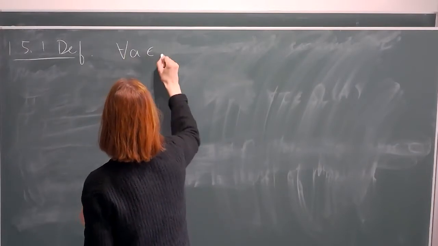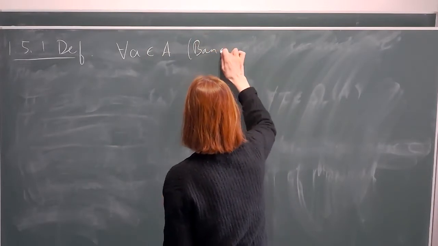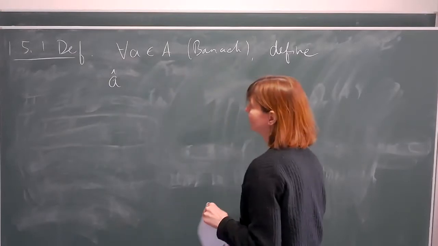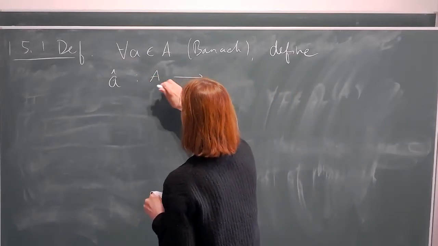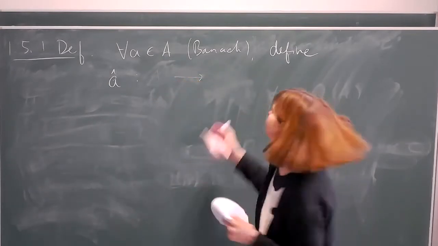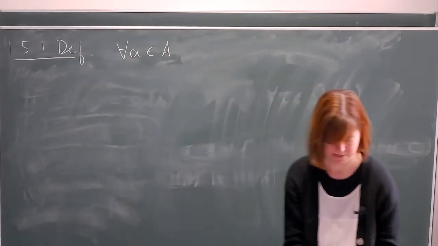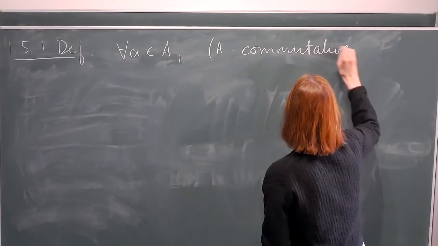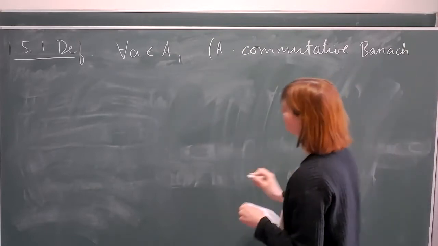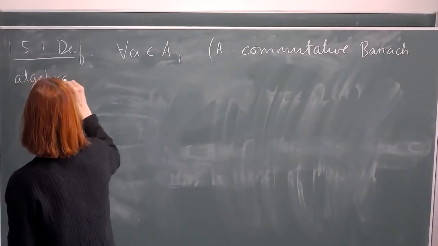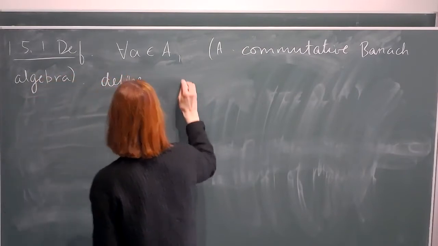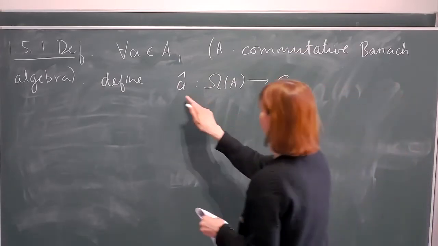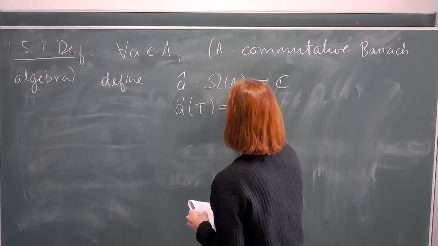Okay, so I will just define these maps. For any a in A, and A is a Banach algebra as usual, if we want commutative, define a hat from omega A to C. We will just define this to be a hat of tau as tau of a.